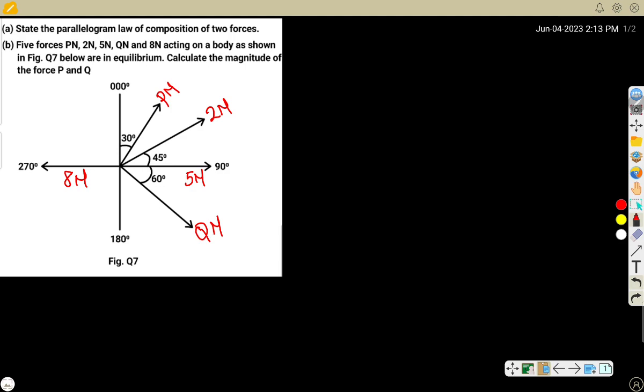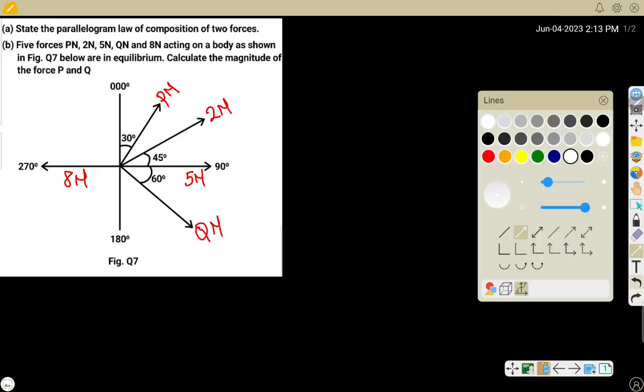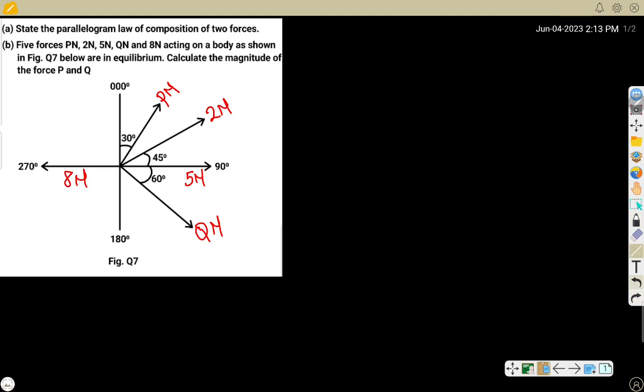So now, how can we find the value of P and Q if this body is in equilibrium? Now, if this body is in equilibrium, let me reproduce the diagram for better understanding.